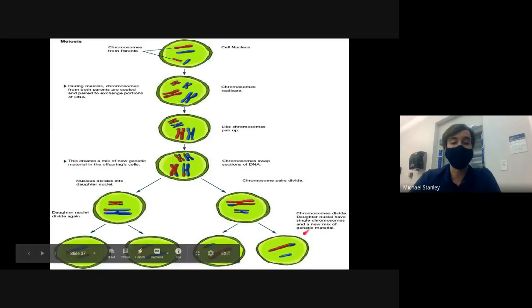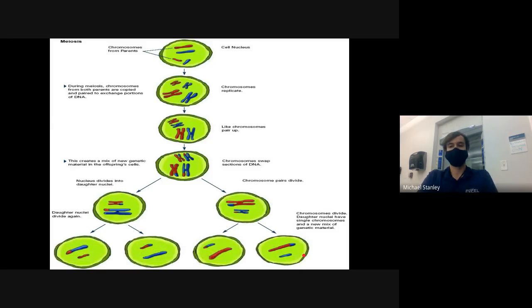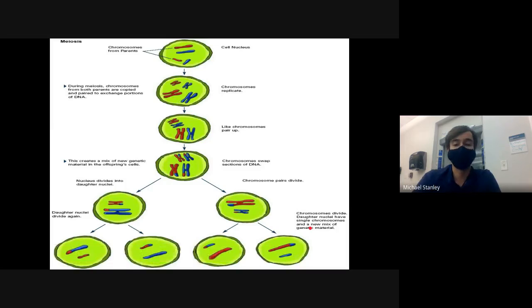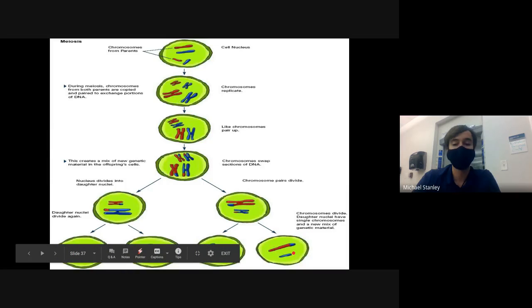And in our newly created gametes down here, we have one big and 1 little chromosome in each cell. So we've gone from our diploid stage of having 2 copies of each chromosome to our haploid stage of only having 1 copy of each chromosome. 1 big chromosome and 1 little chromosome.